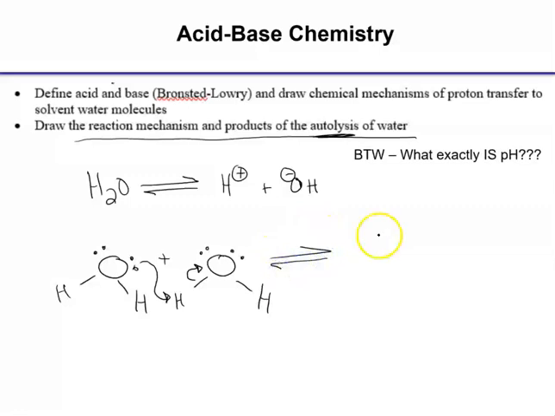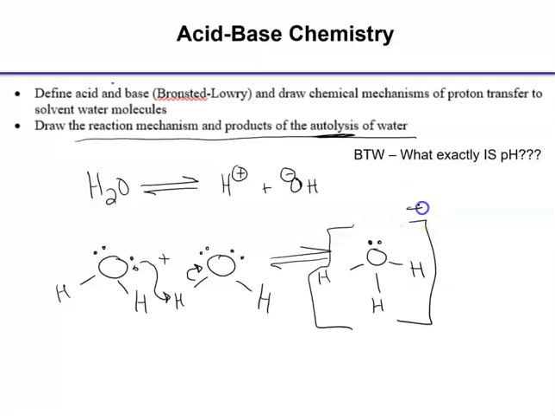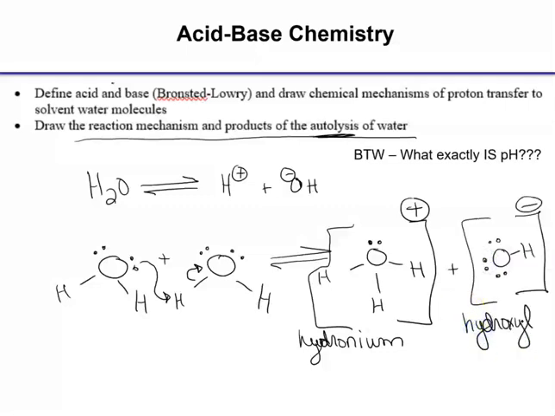What we end up with then is this, where we have an oxygen with 3 hydrogens, and this will be our hydronium ion. And then these electrons fall back to this oxygen, and we have a hydroxyl.